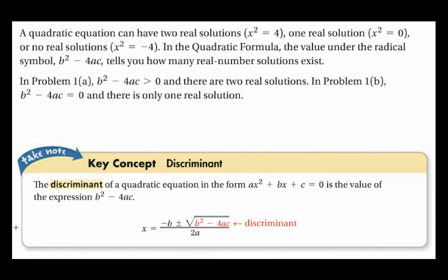The discriminant of a quadratic equation in the form ax squared plus bx plus c equals 0 is the value of the expression b squared minus 4ac. The part under the radical is the discriminant, and it tells us how many solutions there are going to be in our equation. Without even solving the equation, we can know how many solutions there are by the value of the discriminant.